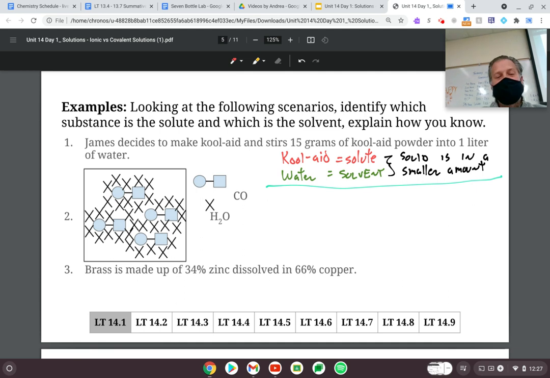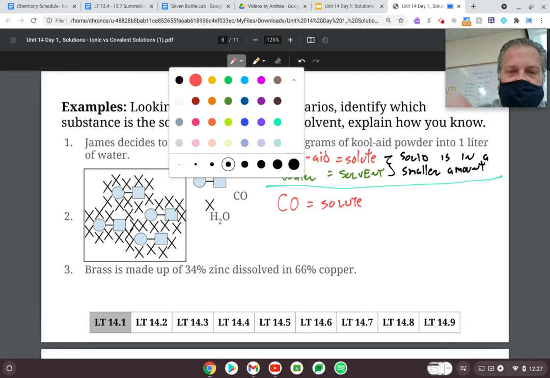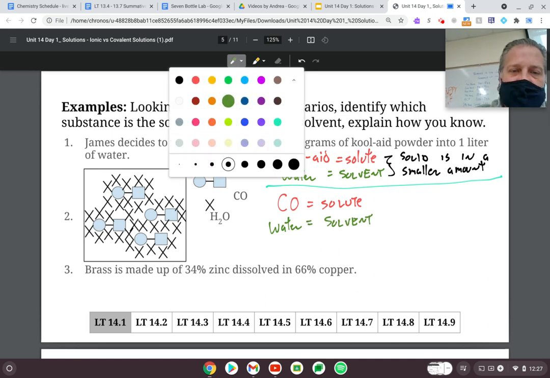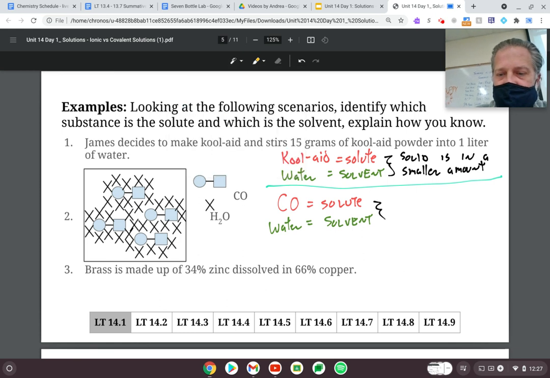So it looks to me like the CO has been dissolved, which would make it the solute, and the water is the solvent. In this picture, we can reason that because the water is completely surrounding the solute molecules.